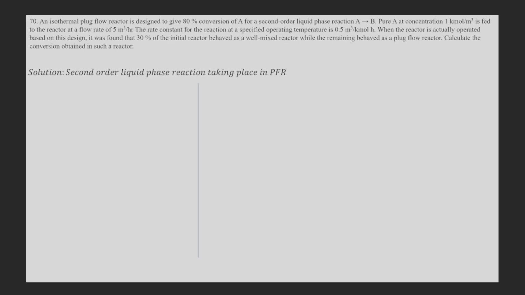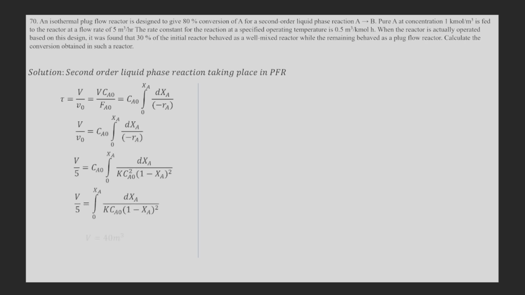But before reacting we were assuming that it is a plug flow reactor, so we will solve it with the plug flow reactor, because initially we don't know this kind of behavior of the reactor, it will show after we run the reaction. So before running the reaction we will solve with the plug flow. So volume is equal to 40, right? Volume equal to 40. Now after running, total volume is 50.